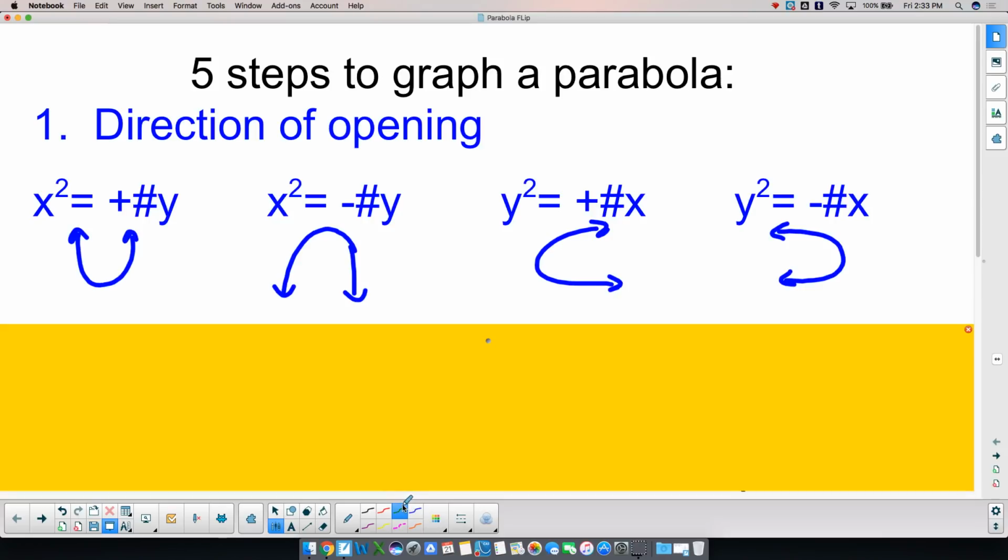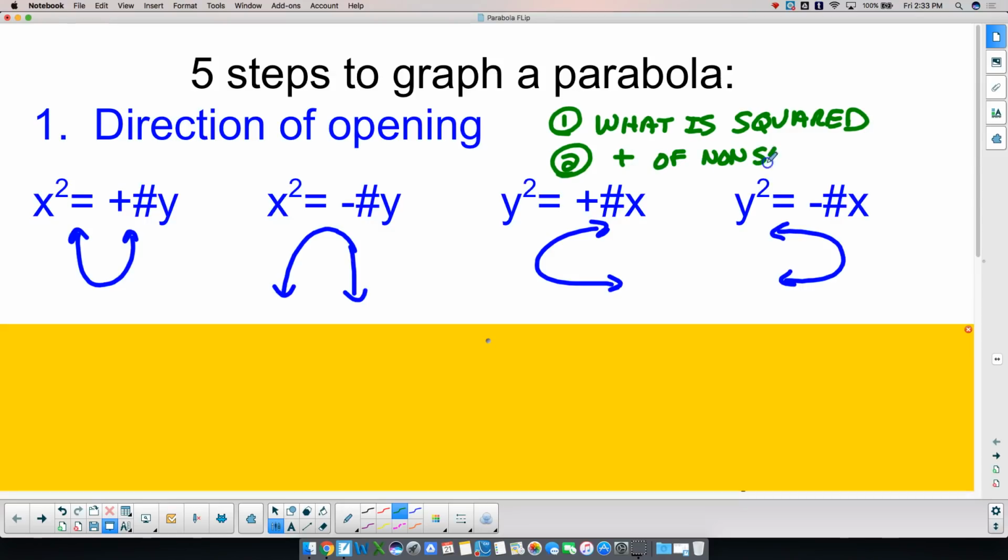First thing you're looking for is what is squared. Second thing you're looking for is the positivity of the non-squared coefficient.